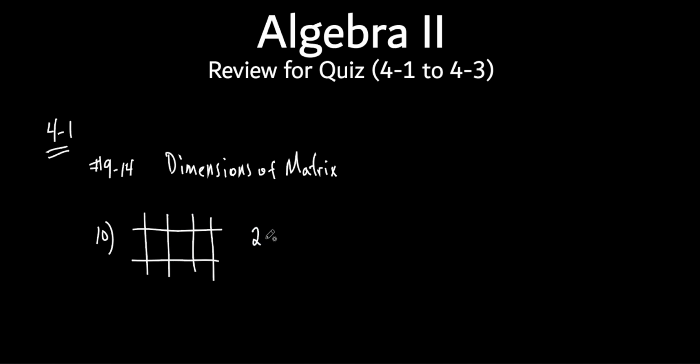The dimensions. It's a 2 by 4, because remember, it's always rows times columns. The numbers across this way make a row: this is 1 row, that's a second row, and 1 column, 2, 3, 4 columns. It's a 2 by 4. All right, pretty easy.